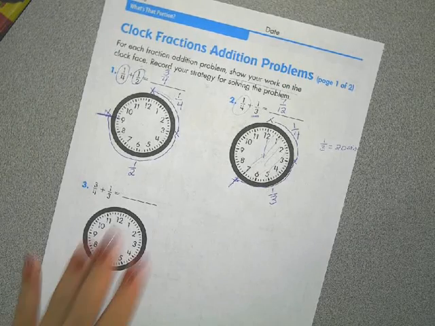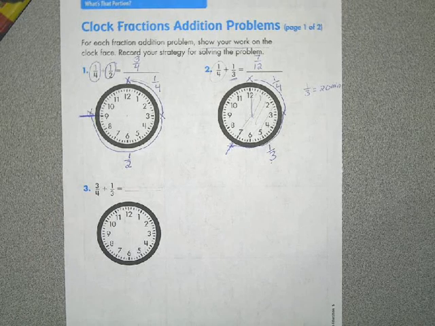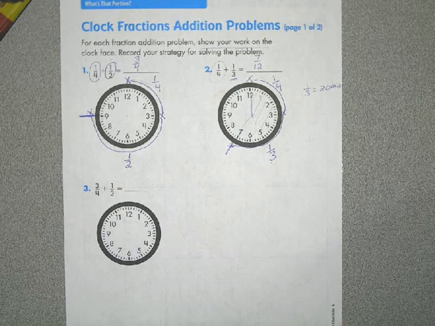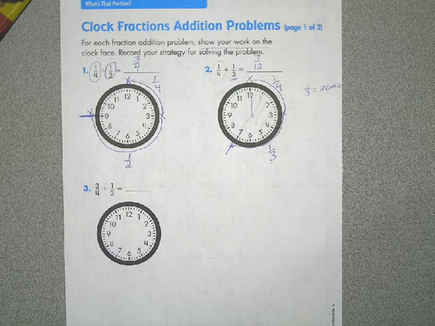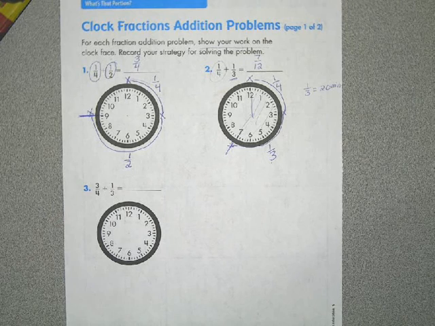Okay? If you finish early and I am still with the group, you need to look in the challenge math folder because there are fraction puzzles in there. Or you need to find other math to work on. But this is on your own, so voices should be off. And I'm going to call groups.